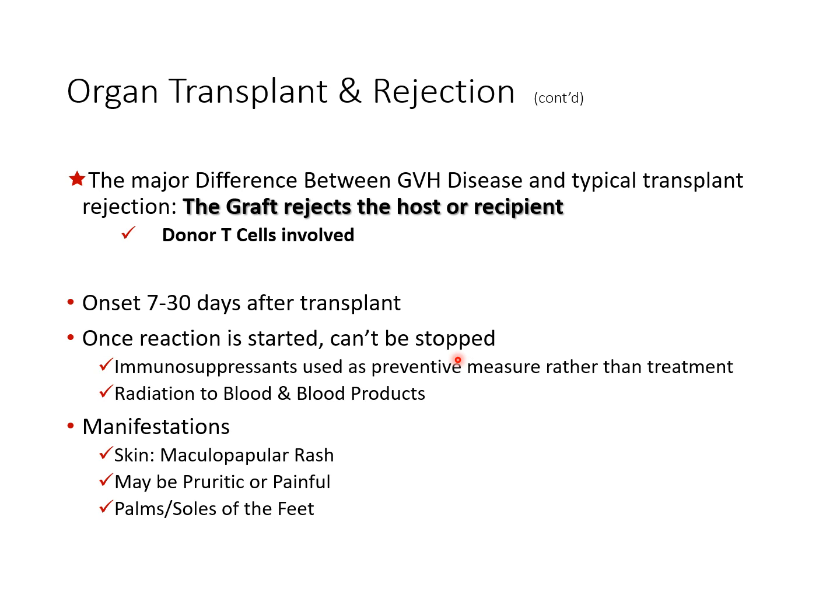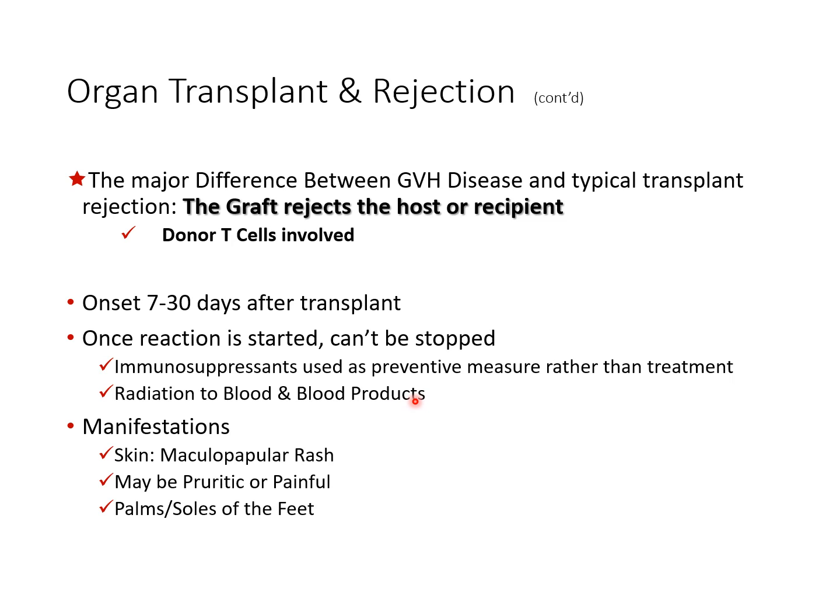So either they're going to immunosuppress you, the host, to make sure that your immune system is not acting weird. They'll make you as weak as they possibly can, or they'll treat the graft itself. Maybe they'll take out some donor T cells from the graft. They'll clean out that graft as much as they can so that when they transplant it, this reaction won't be going on. That's where the radiation to blood and blood products can come in.